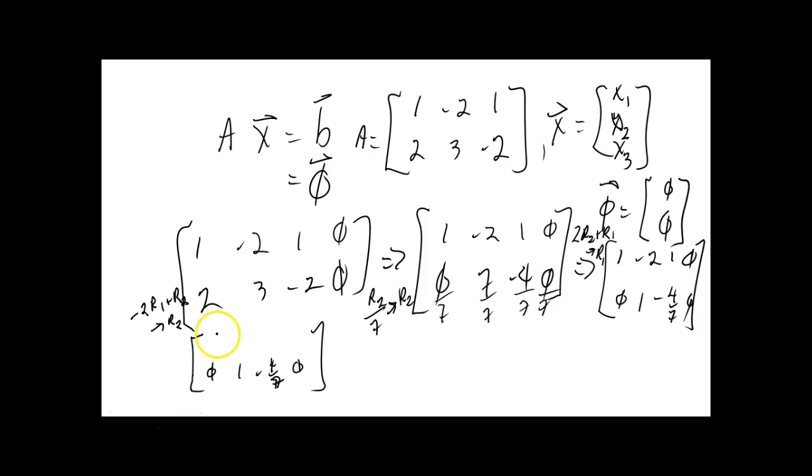Okay, new row 1 becomes 1, 0, negative 8/7 plus 1, which is 7/7, right? So negative 1/7, and then 0, and a 0.